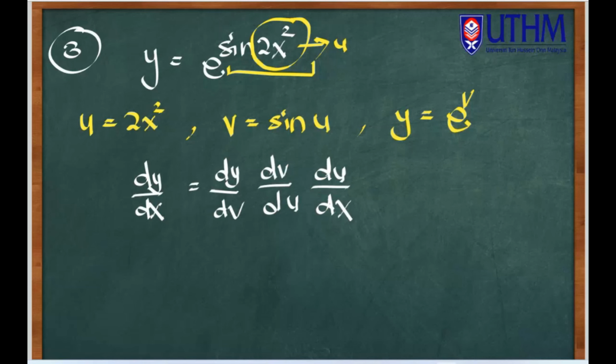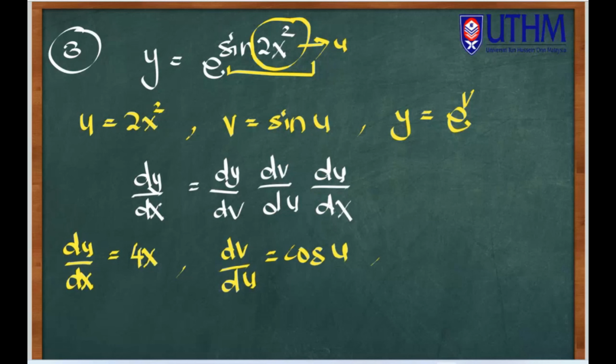From here we know that du/dx is equal to 4x. dv/du, we will get cos u. And finally, dy/dv, we will get back e^v. So we already have everything that we need, and we just substitute into the formula.